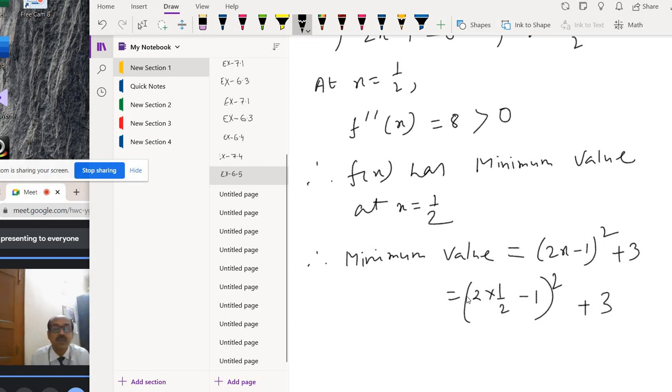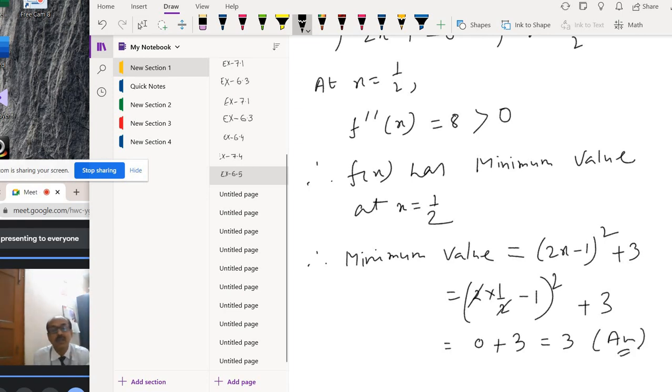The 2s cancel, so 1 minus 1 is 0. So 0 plus 3 is 3. Okay, so the minimum value equal to 3. This is the answer.